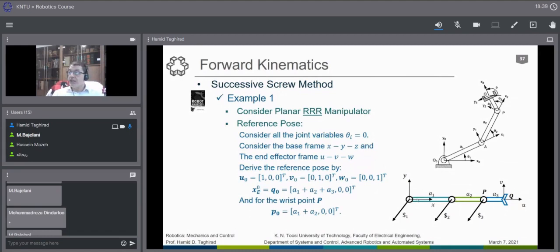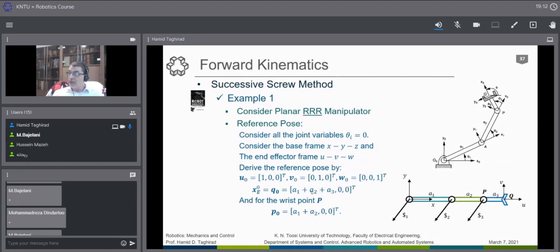And as you see here, by this means the screws could be very simply determined. We have a motion from here, so we have screw 1, motion about this joint, screw 2, and the motion about here, screw 3. And we have one point as well, which is the point of kinematic analysis that we want to know. This could be a wrist, P point, or Q. Here we do it for the most general one.